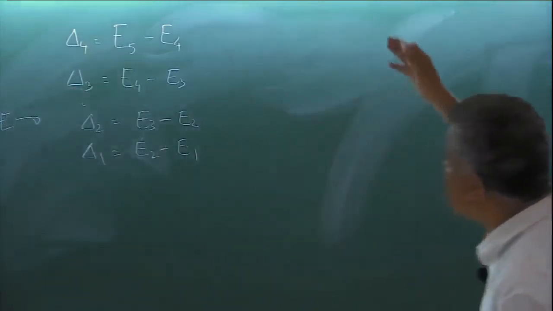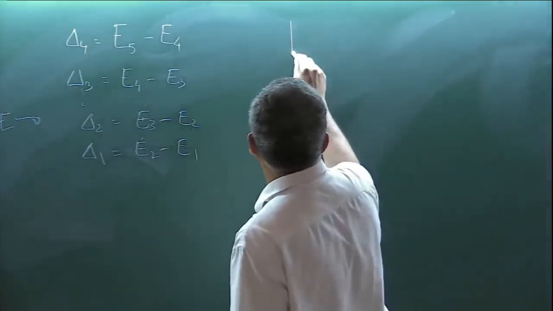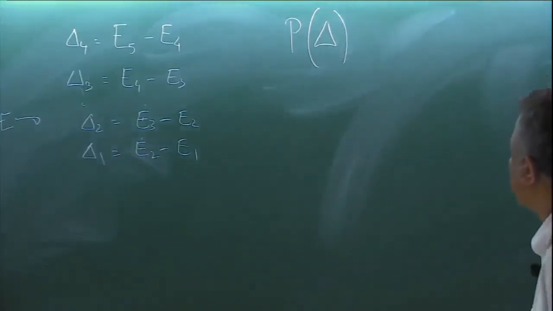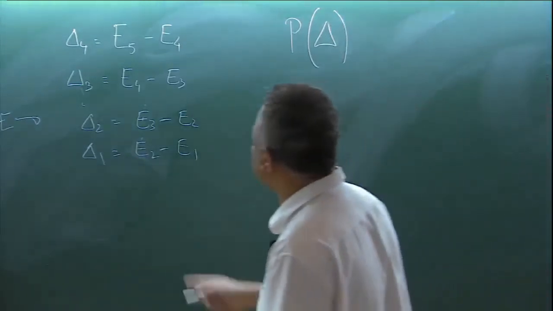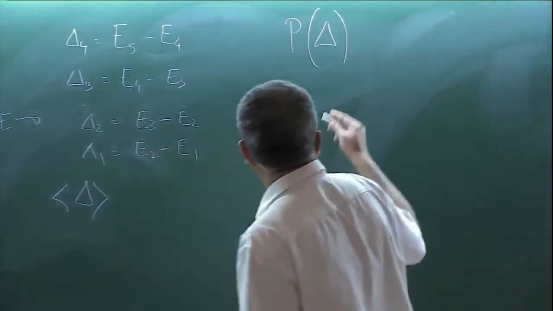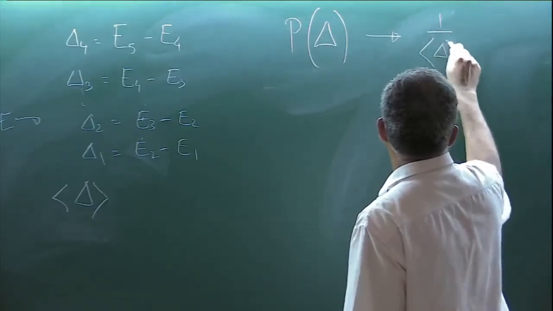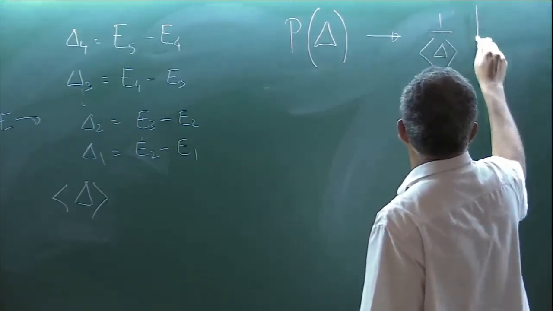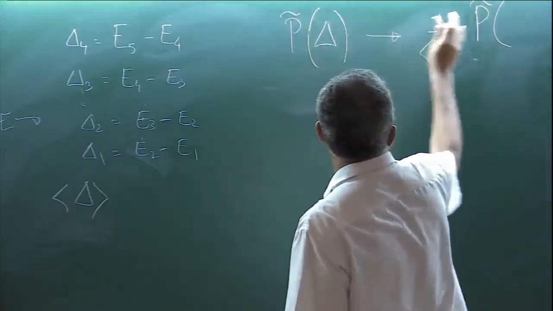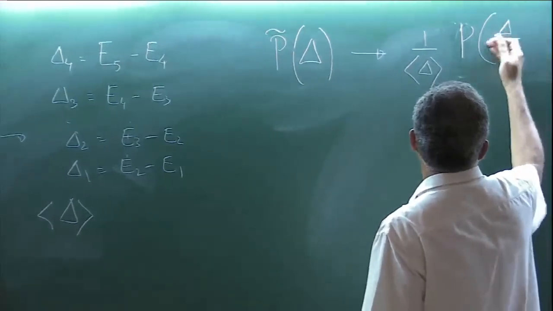So you have all these deltas, and then you can go and draw a histogram of these deltas, right? And what you should do is to scale it, so there will be an average delta. If you scale it, then what you would expect is some scaling function, let me call it p tilde, and this is p of delta over delta average.